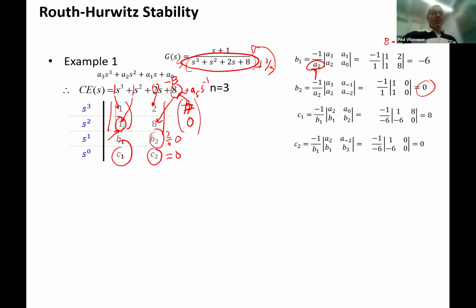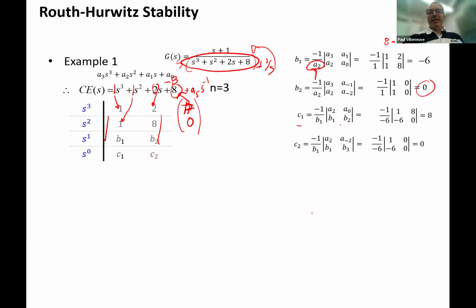Now we're going to move down a row and calculate C1. Let me try to clean this up because it's getting messy. My C1 is now going to use these coefficients to calculate its determinant. C1 is equal to the determinant of here multiplied by 1 over B1, because it's a vector, and then I take the negative of that.